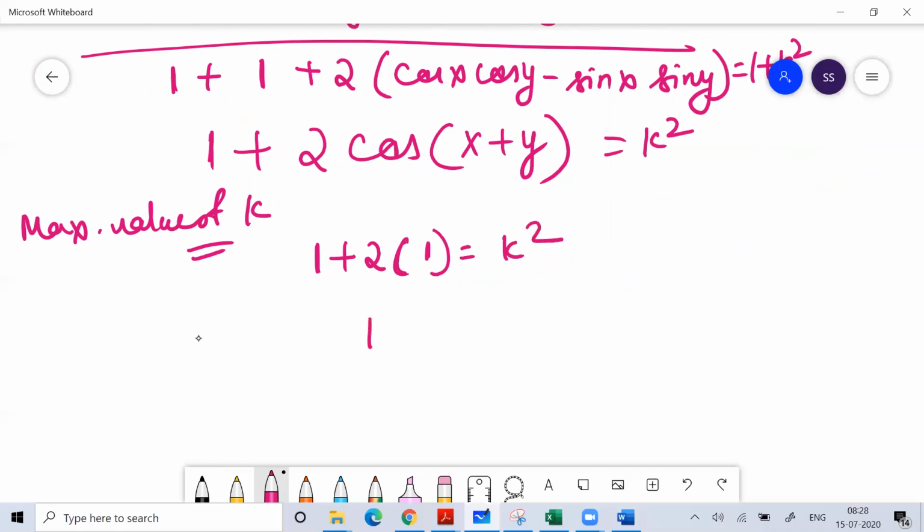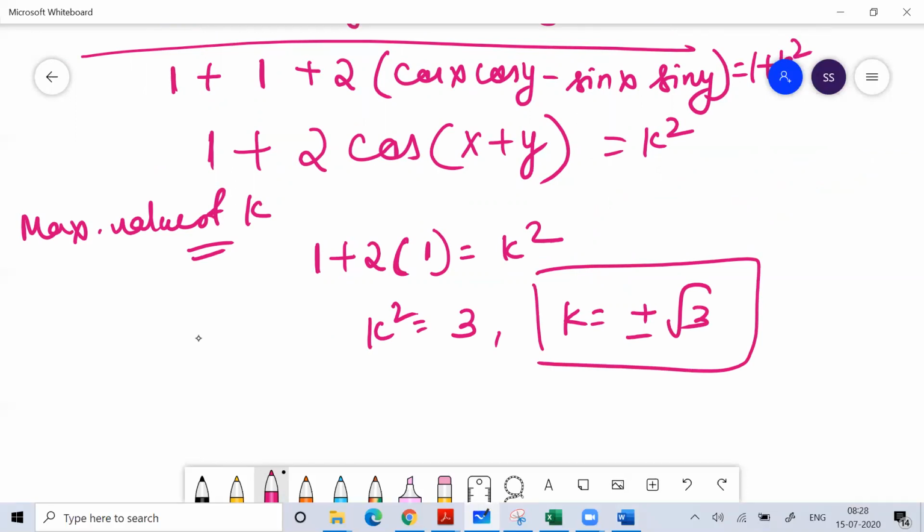This is k square. So k square is equal to 3. K square is equal to 3. So the value of k is plus minus root 3. So this is the value of k what you're getting. A range you are getting as plus minus 3. Sorry, plus minus root 3.